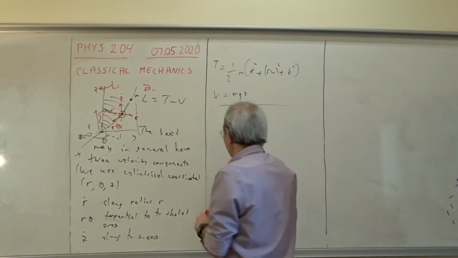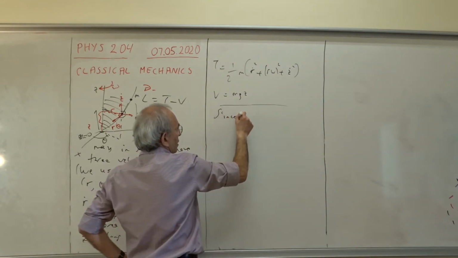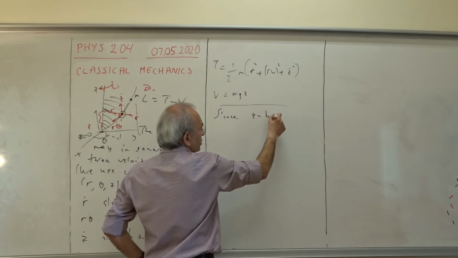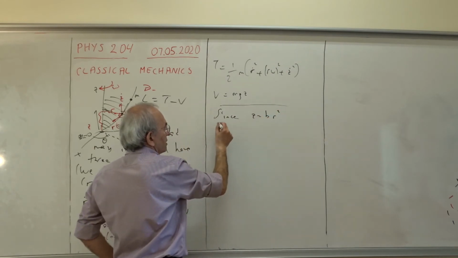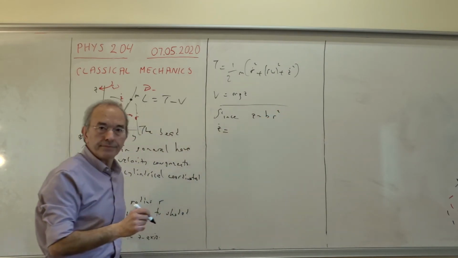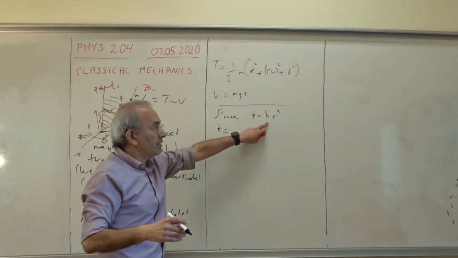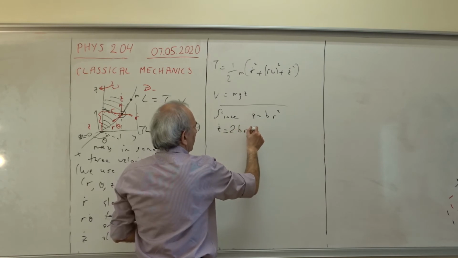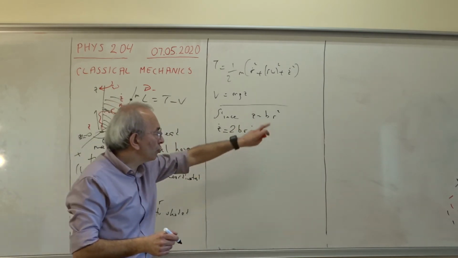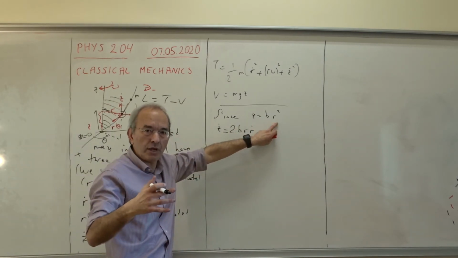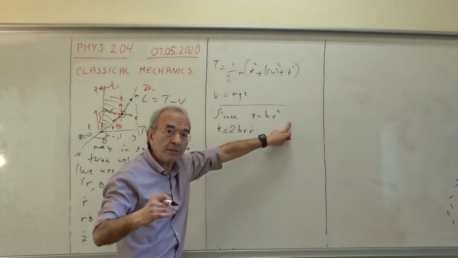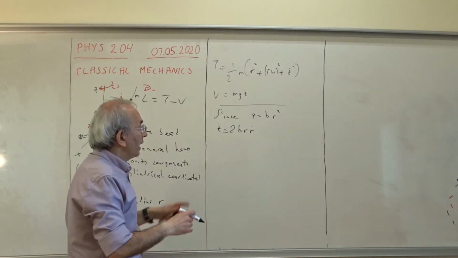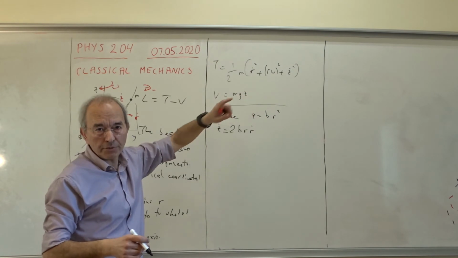Since z is some constant times r squared, z dot is what? B is a constant, so z dot is simply 2b r dot. Because 2r is the derivative with respect to r, but also we need the time dependence of r, which is r dot. And z dot squared will be substituted.